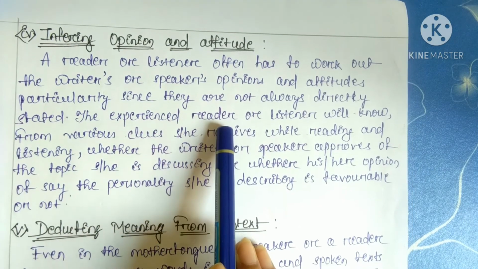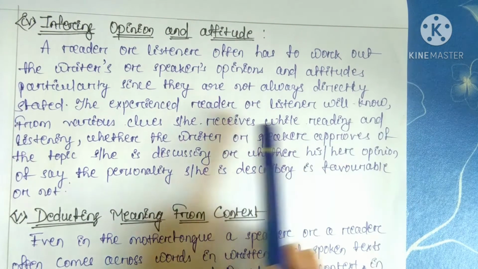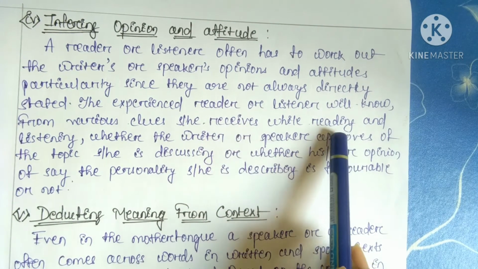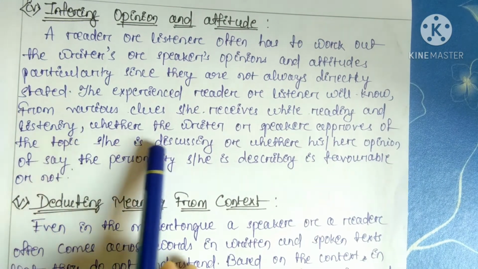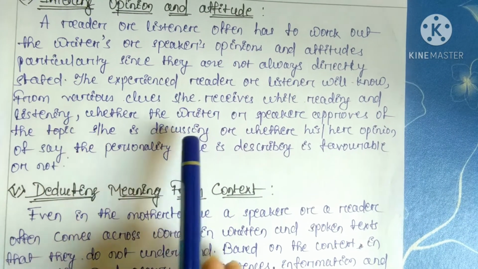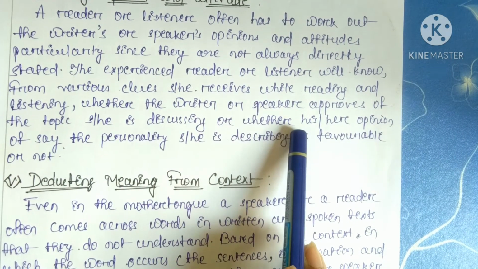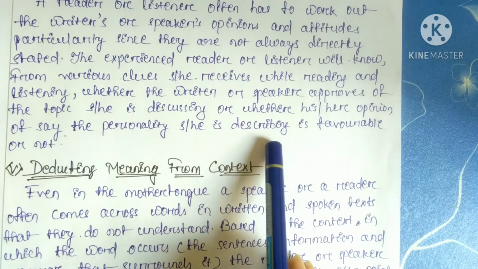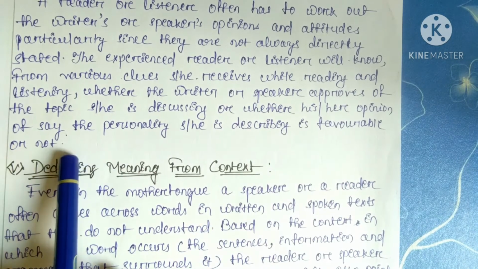The experienced reader or listener will know from various clues received while reading and listening whether the writer or speaker approves of the topic being discussed, or whether his or her opinion of, say, the personality being described is favorable or not.